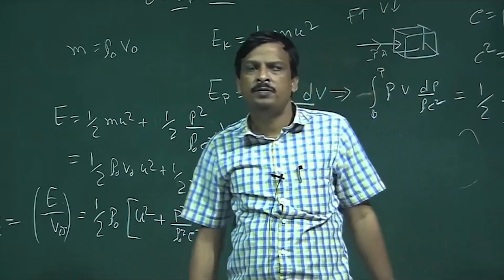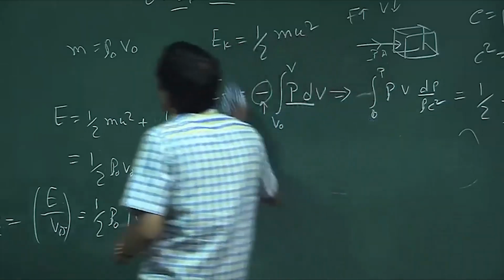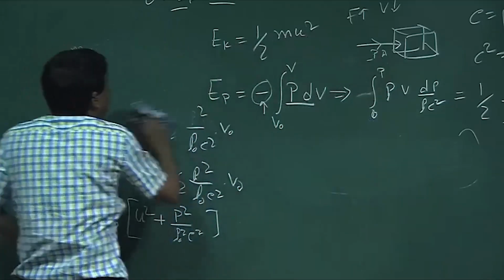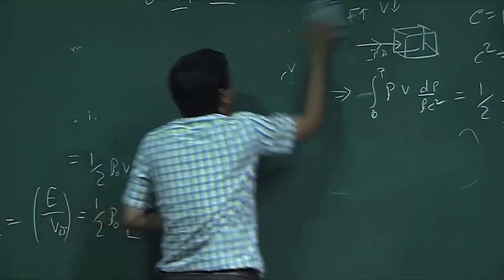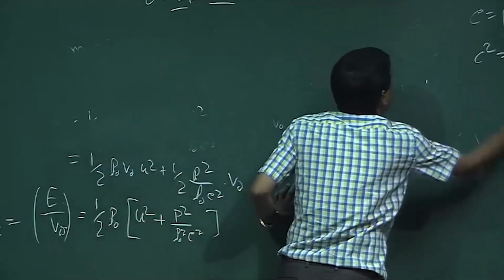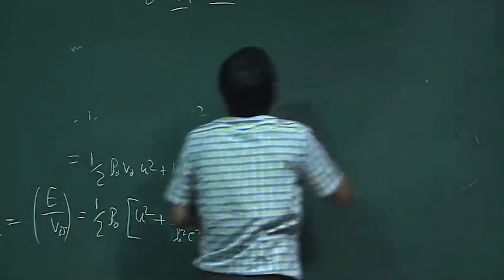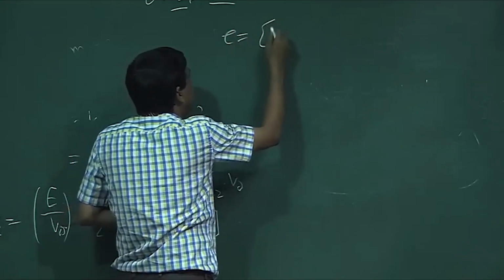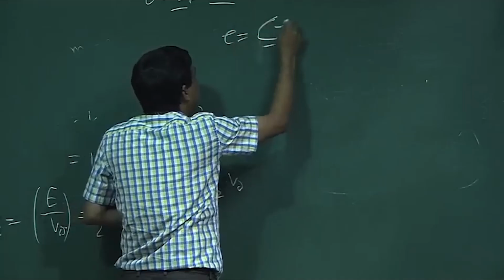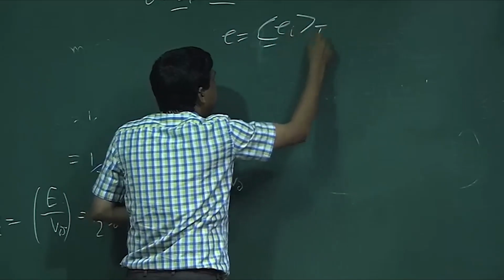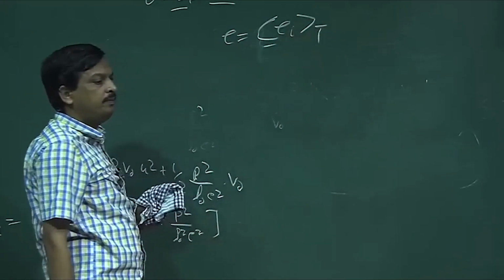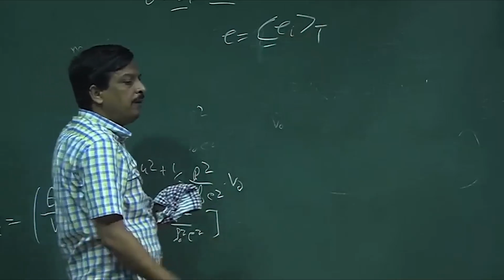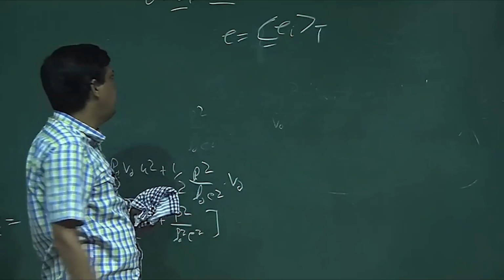Okay. Now, we are not taking the instantaneous energy density, we always take the average energy density. So, what is average energy density? I can write average energy density E is nothing but the time average of instantaneous energy density.